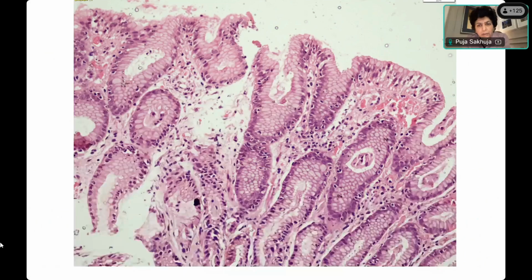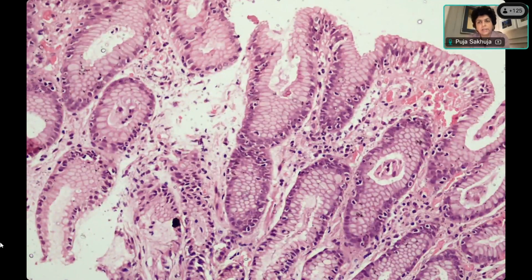What are the pathological features you are seeing in this gastric biopsy? Garima is here? Yes, ma'am. Do you want to say what are the pathological features we are seeing in this biopsy? Ma'am, marked inflammatory cells that I can see, ma'am.